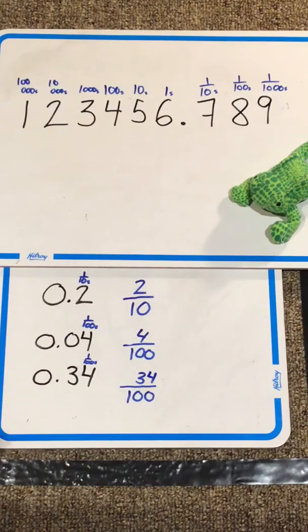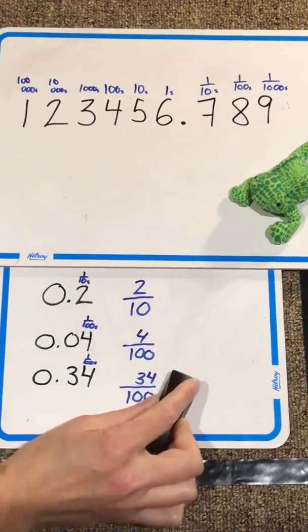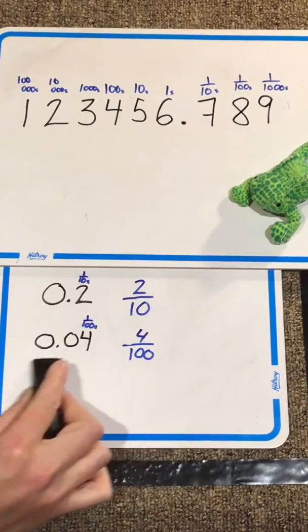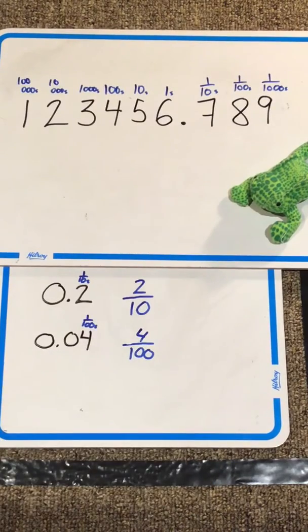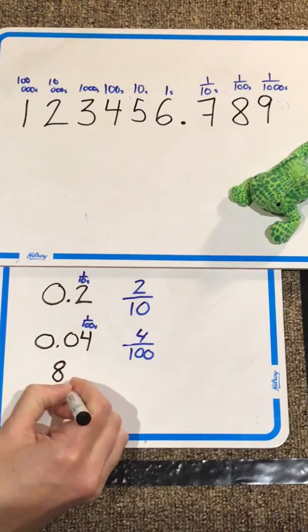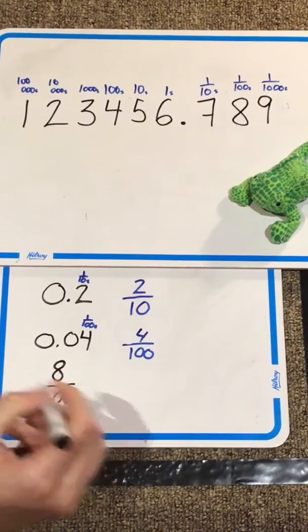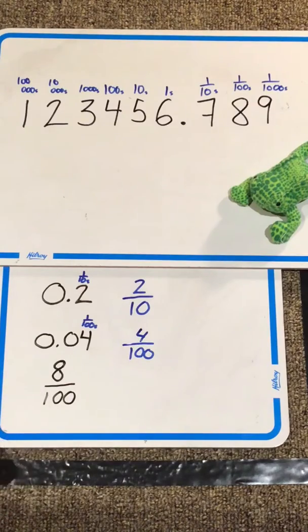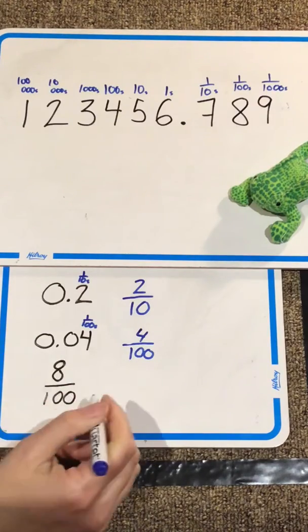Now, we could also go back the other way. I'm going to get rid of this last example. So what if I gave you the fraction 8 hundredths? Don't fall into the trap, okay?